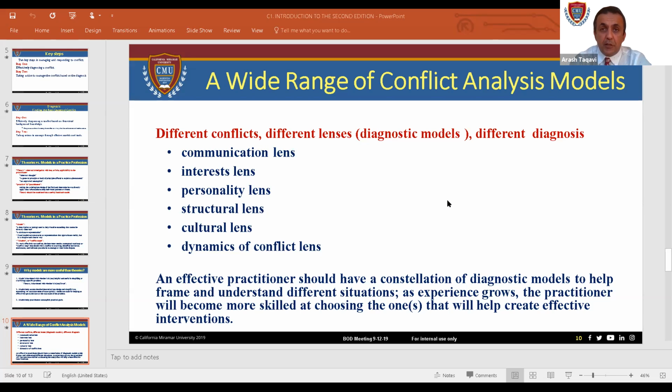And some models have been deleted totally. For example, I think about 6 models are the same as the first edition. 3 models have changed, 2 models have been deleted, and 3 new models have been added. So now you have 9 models.